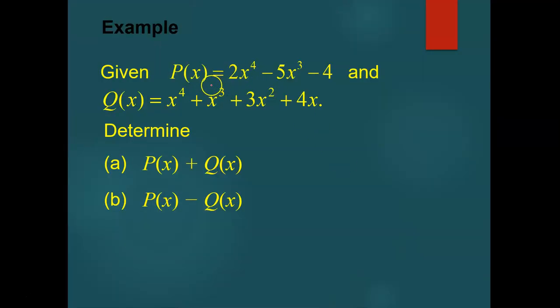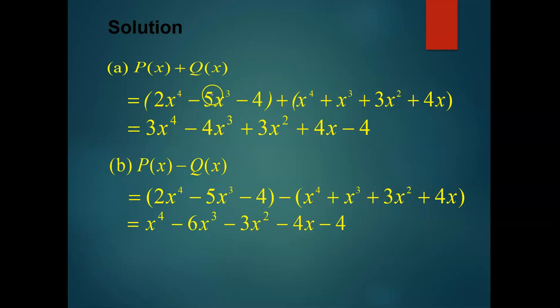Okay, we'll look at the example. If you have p(x) equals 2x^4 minus 5x cubed minus 4, this is your polynomial p(x), and we give you another polynomial q(x), defined as this. So what is the addition of both polynomials? First we write down our p(x), then q(x) as well.